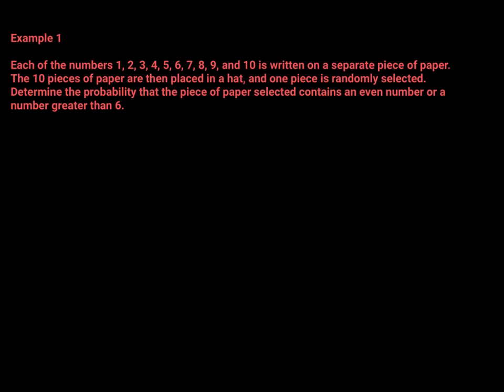In this problem, it says each of the numbers 1 all the way through 10 is written on a separate piece of paper. The 10 pieces of paper are then placed in a hat, and one piece is randomly selected. Determine the probability that the piece of paper selected contains an even number or a number greater than 6. Consider the following Venn diagram.